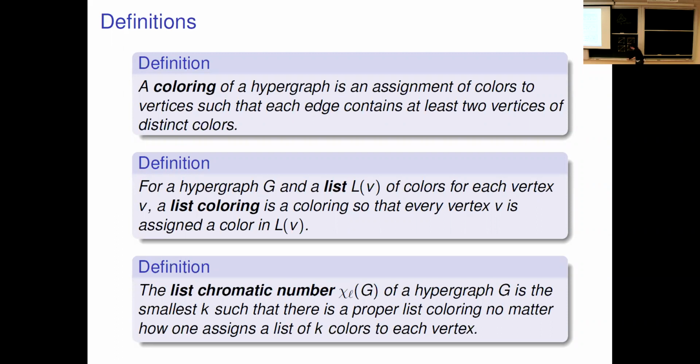So we get an obvious bound that the chromatic number is upper bounded by the list chromatic number, if we assign colors 1 through chi of G to all of the vertices. So this will come up in a minute. I just want to make sure we're all comfortable with the notation and the concepts. So are there any questions before we get on to the next portion of the talk?